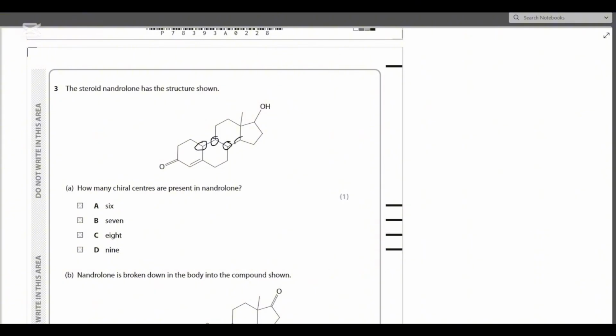Then we have another one right here, and both of these carbons have 4 different groups attached to their 4 bonds. So we have 6 chiral centers, which is the correct answer to this one.